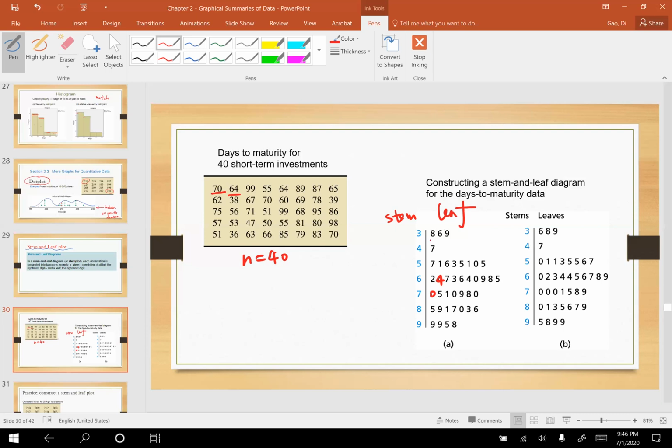The number of leaves tells you how many samples, or data values, you have. To keep it well organized, the leaves always go from the smallest to the largest. So this is a complete stem leaf plot for this example.